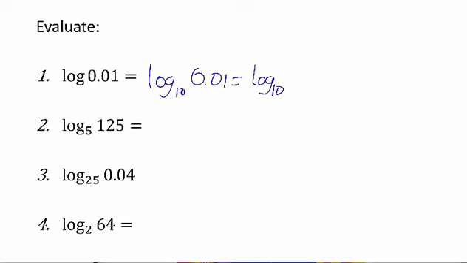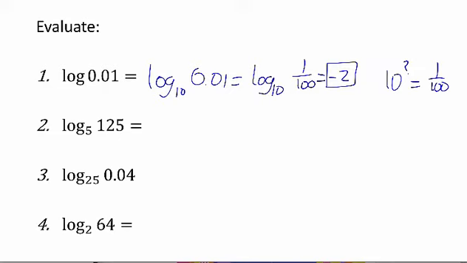So 0.01 is 1 over 100. Now this is the first time we've had to solve for a problem like this. We really need to ask ourselves, 10 to what power equals 1 over 100? And in that case, it's negative 2. So our final answer is negative 2. We're essentially solving for that missing exponent.